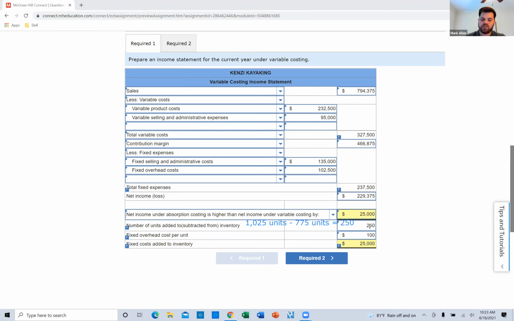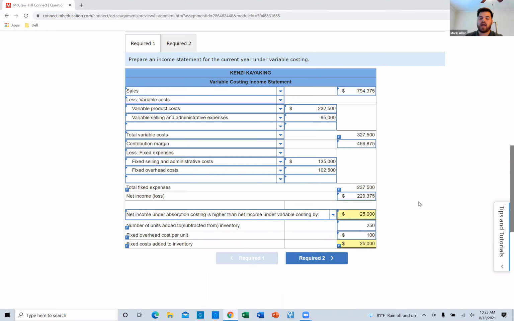So that is where this 250 comes from. We saw our fixed overhead cost per unit was given to us as $100 a piece. So then 250 units times $100 per unit, there is my $25,000 difference that we're seeing. So it does reconcile, right? We can explain that difference.